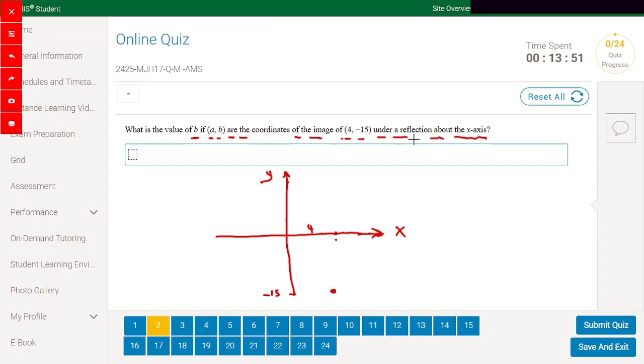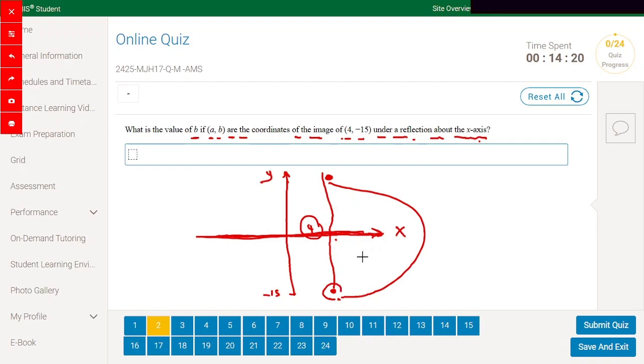Now here it is saying reflection about the x-axis. So that means this point will be reflected to this side along the x-axis. So this is the reflection. So what will be the value of A, B? x will be the same because there is a reflection.